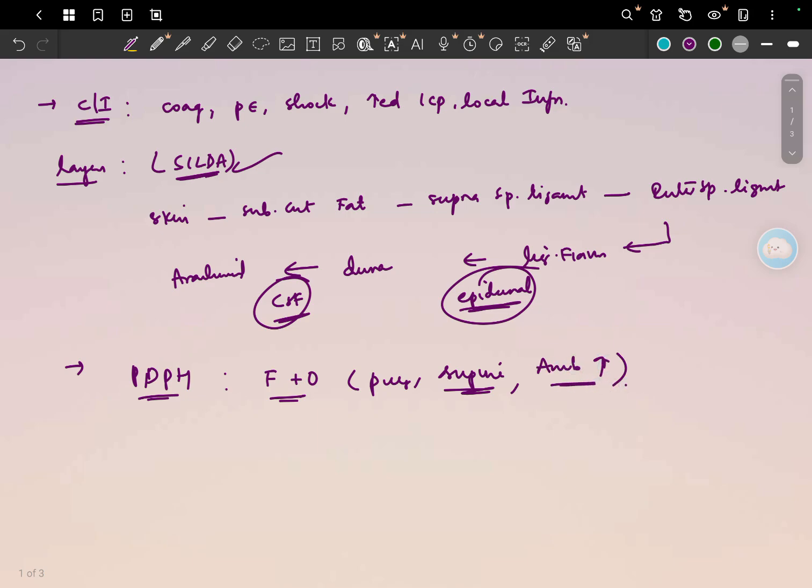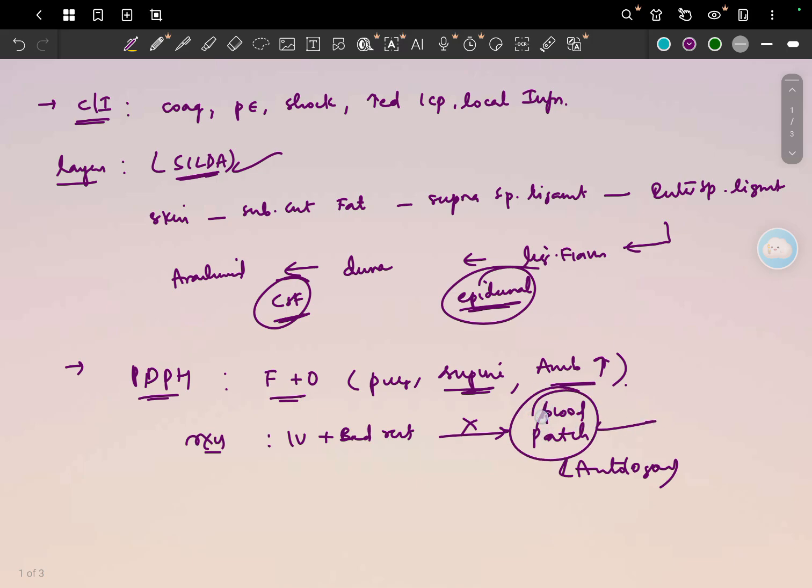Treatment will be IV fluids plus bed rest, and if this is not working, then we can do a blood patch. It is usually autologous. The same person's blood is taken and put back. So an autologous blood patch can be done.